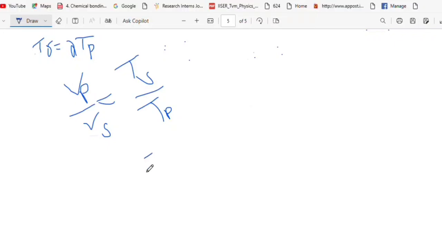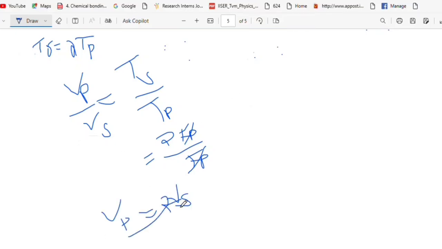Substituting that, we get 2Tp divided by Tp, and Tp cancels, so Vp is 2 times Vs. We got that the velocity of the P wave is 2 times the velocity of the S wave.